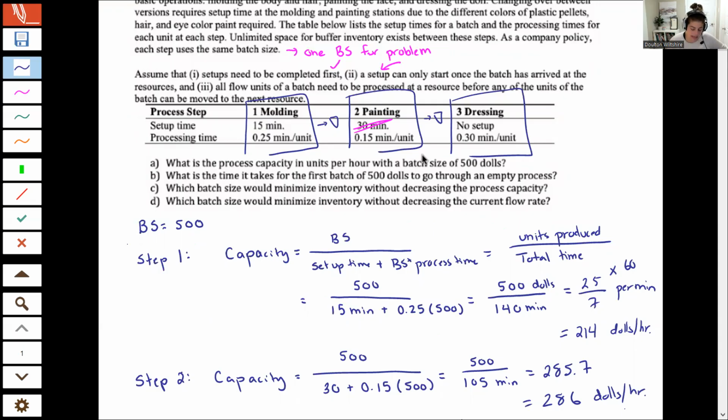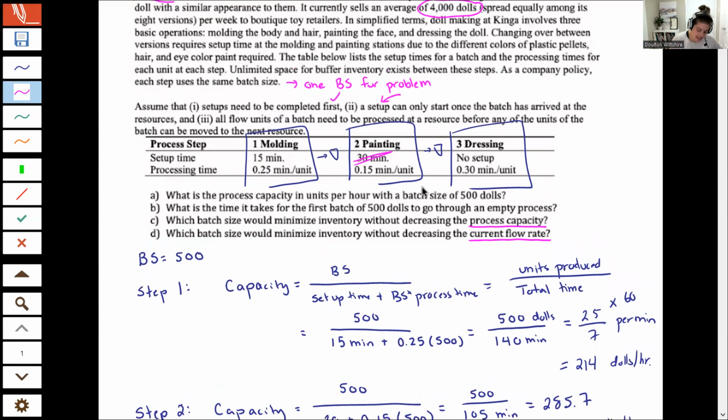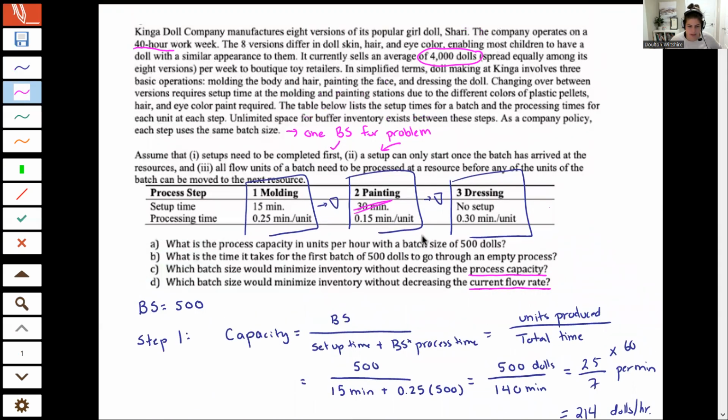This is going to be the exact same as C, except we're not talking about process capacity, we're talking about flow rate. One of the things we want to recognize here is that flow rate is going to be the minimum between our bottleneck and demand. So in part C, when it just asked about process capacity, we didn't have to consider demand. We were just using the bottleneck.